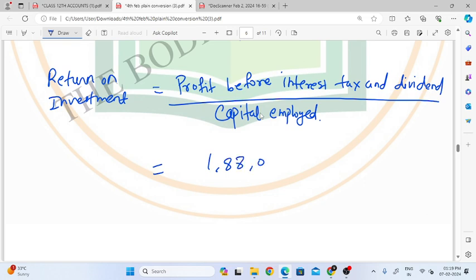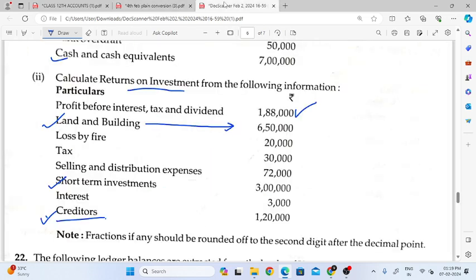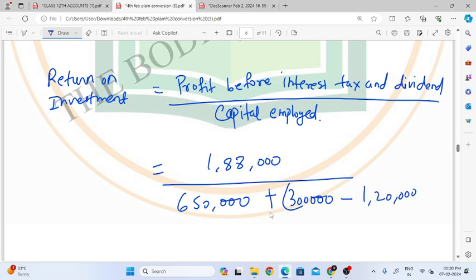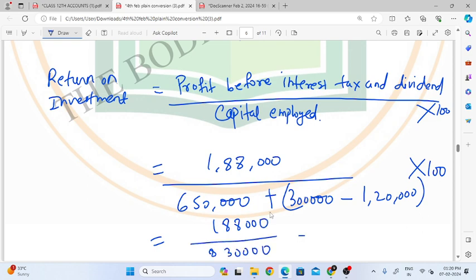So 1,88,000. Then we have to take our capital employed, land and building 6,50,000 plus your short term investment, current assets, minus your creditors 1,20,000, okay, multiplied by 100, so which gives us 1,88,000 divided by 8,30,000, which gives us 22.65%.